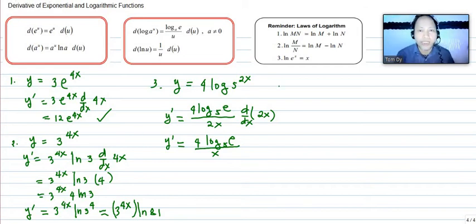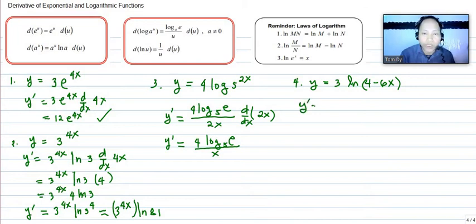This time, we will proceed to example number 4. Let's say y is equivalent to 3 ln of 4 minus 6x. So this one is ln of u. 3 ln of u. So that when we take the derivative, that is y prime, which is equivalent to 3, derivative of ln u equals 1 over u times the derivative of u.